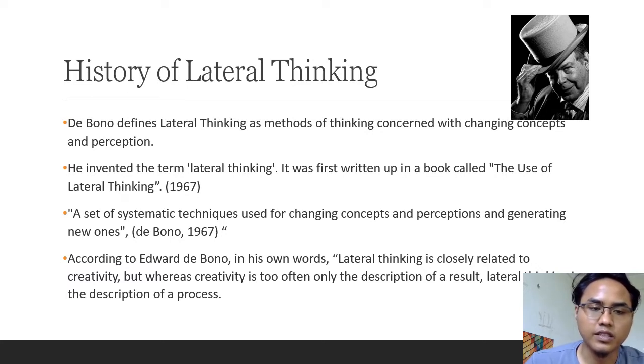In that book, he described a set of systematic techniques used for changing concepts and perceptions and generating new concepts. According to Edward de Bono, in his words, lateral thinking is closely related to creativity, but whereas creativity is often only the description of a result, lateral thinking is the description of the process.